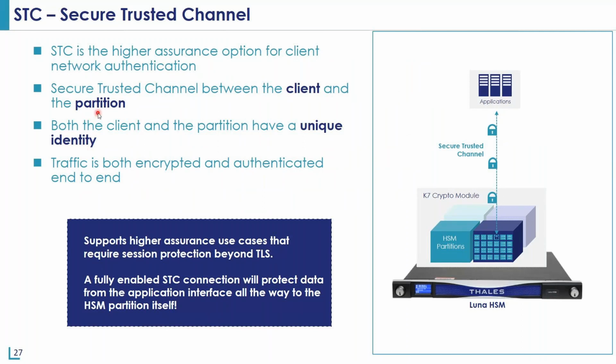Partition have their unique identity, unique pair. All the clients will have their unique pairs. So in case of STC, traffic is also encrypted just like NTLS, but it will be authenticated end to end. So this is your highest assurance option for your network communication.